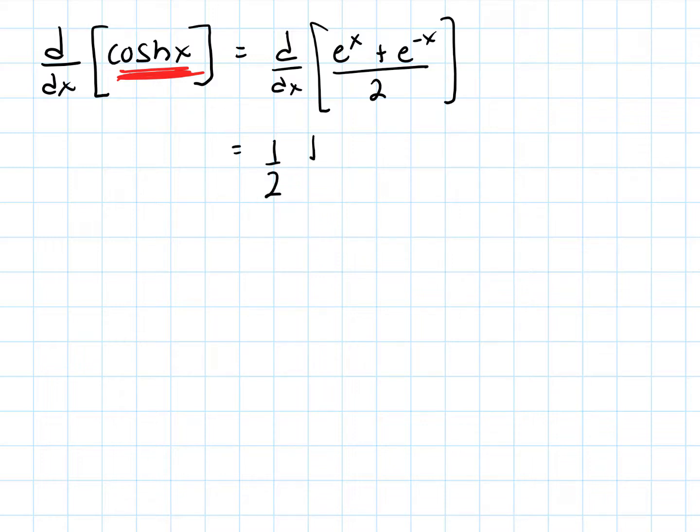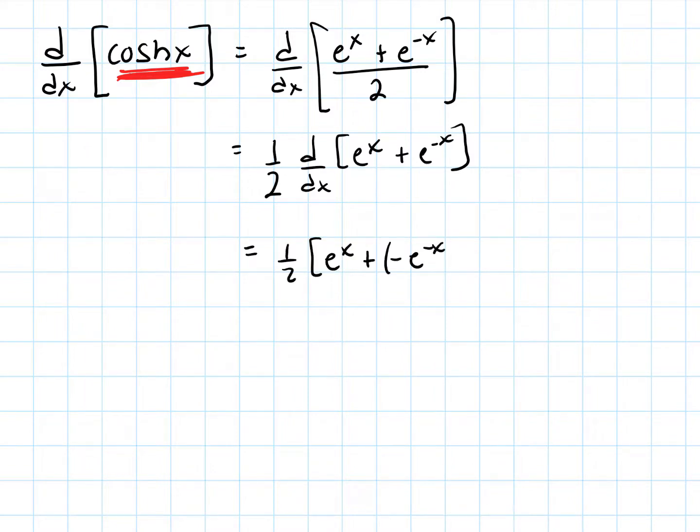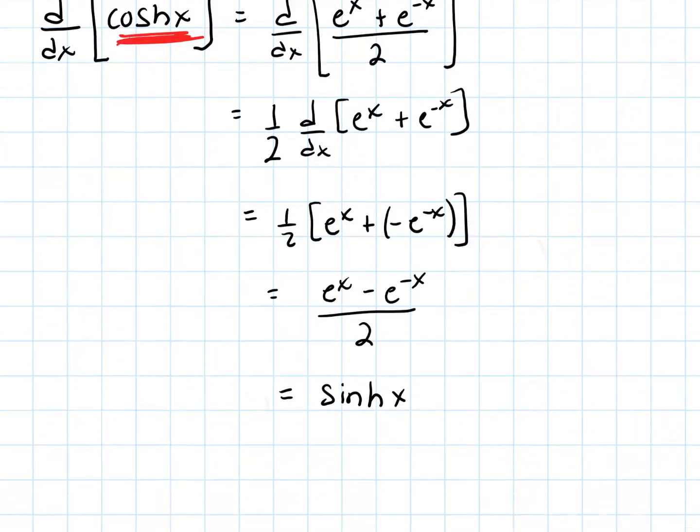We pull out the 1/2 and then look at the derivative of just e^x + e^(−x). That's just going to be 1/2 (e^x + a negative e^(−x)), which is, let's actually write it, (e^x − e^(−x))/2. And that is not a negative, but exactly the sinh. So that is actually the hyperbolic sine.